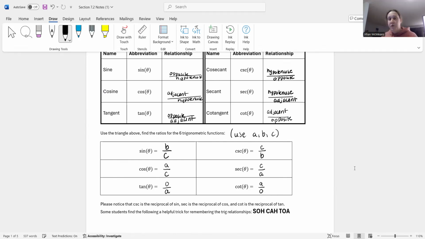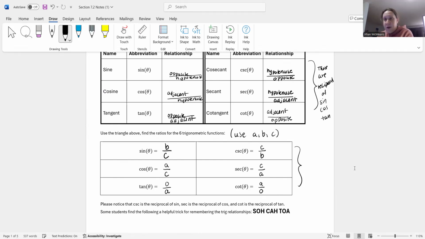Now, before we move further, I need you to notice something. So look right here and then look right here. What do you notice about cosecant compared to sine, secant compared to cosine, and cotangent compared to tangent? Hopefully you notice that these are reciprocals of sine, cosine, and tangent.